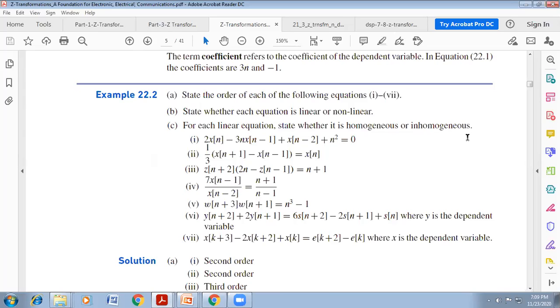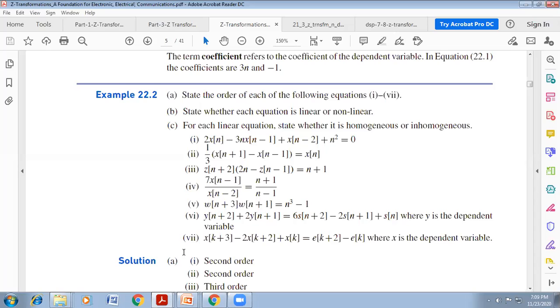That means we have to examine which difference equation is linear and which is non-linear, verify whether it is homogeneous or inhomogeneous, and find the order of each equation 1 to 7. Actually, 7 equations are given and all are difference equations, remember it.